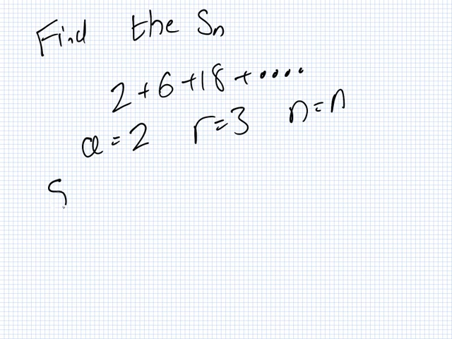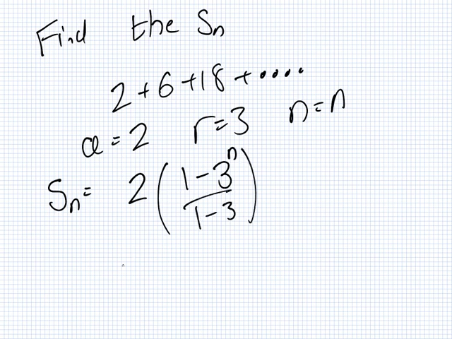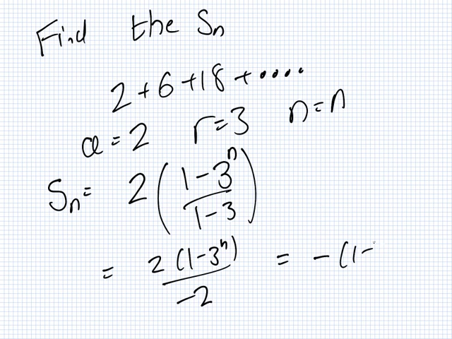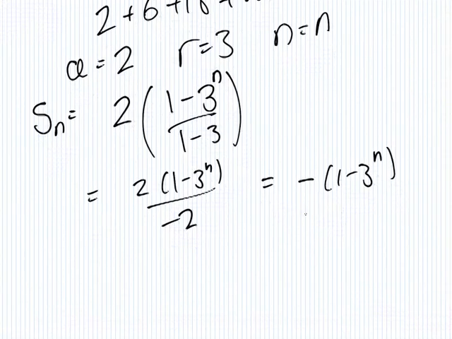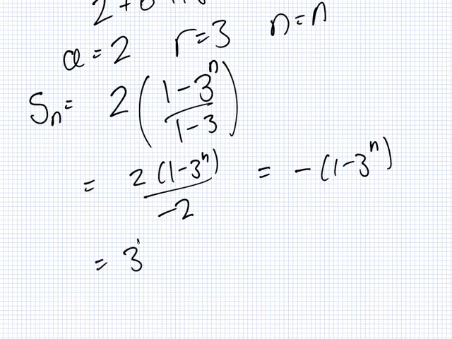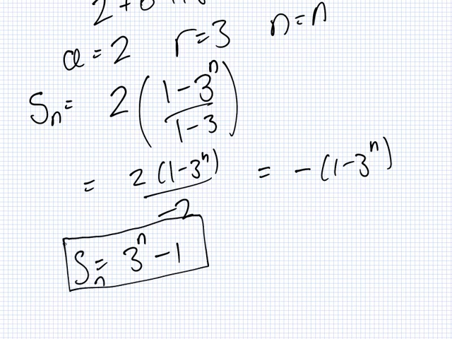So we have Sn equals a(1 minus r^n) over 1 minus r. So that will be 2(1 minus 3^n) over minus 2, which will be minus (1 minus 3^n), which will just be 3^n minus 1. That's the answer there for that one.